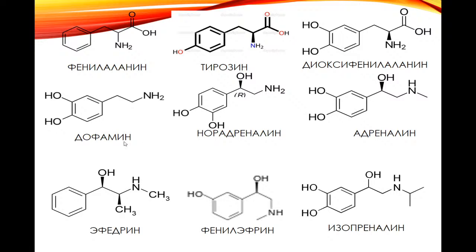Chemical structure. So first phenylalanine, after plus hydroxyl tyrosine, after double hydroxyls dioxyphenylalanine, and this ring is called pyrocatechin or catechol. That's why this chemical structure is called catecholamine.